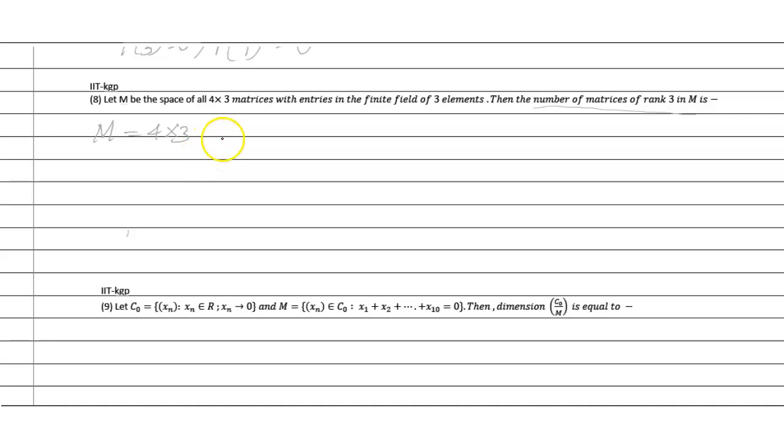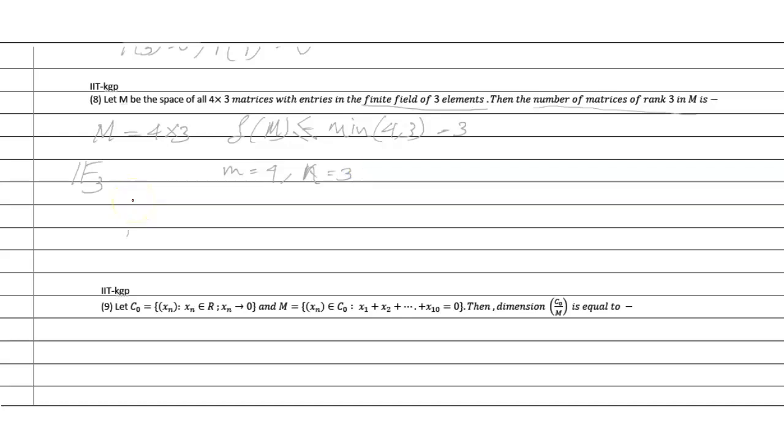So rank of M is equal to min of 4 comma 3, that is 3, less than or equal to 3, and the field is the finite field F equal to 3. Here M equals 4 and K equals 3, means N equals 3.